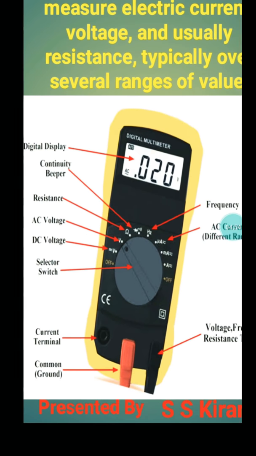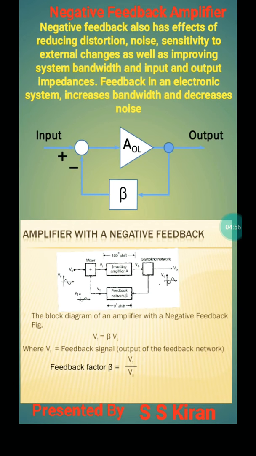Now, the negative feedback amplifier. This is the best amplifier in the ECA. Negative feedback has the effect of reducing distortion, noise, and sensitivity to external changes, as well as improving system bandwidth.